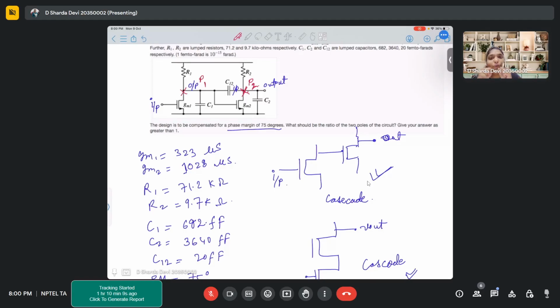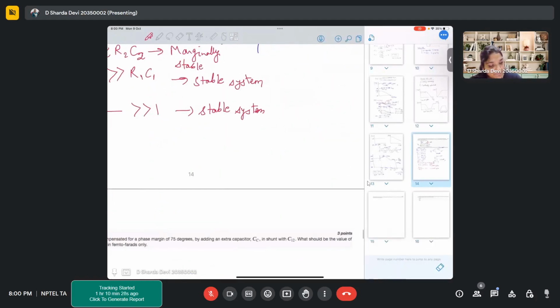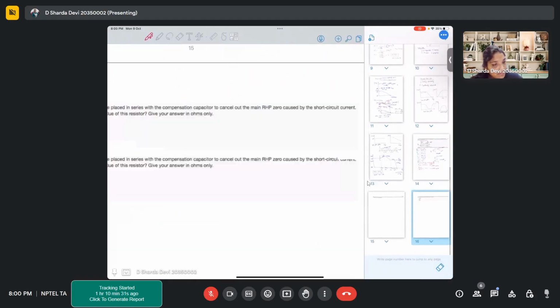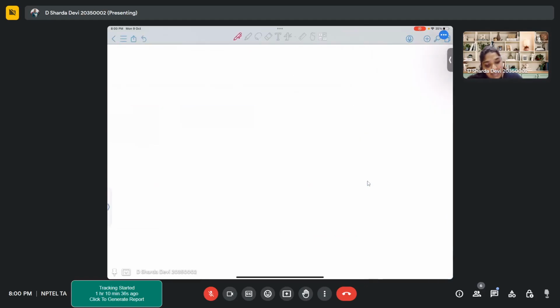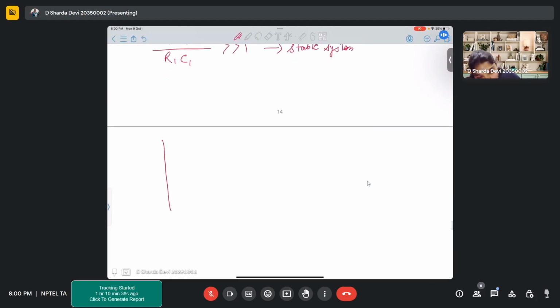So let's say if you have two poles which are very close by, what we do is try to shift these two poles apart. And we shift these two poles apart such that we want to create a system which is equivalent to a unity pole system. So what I mean is, let's say your Bode plot looks like this, okay?